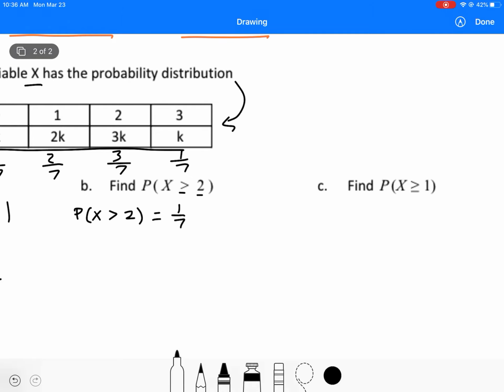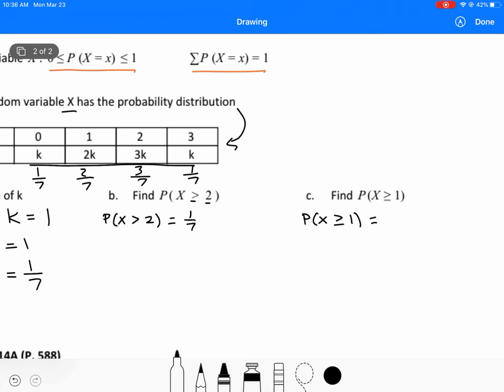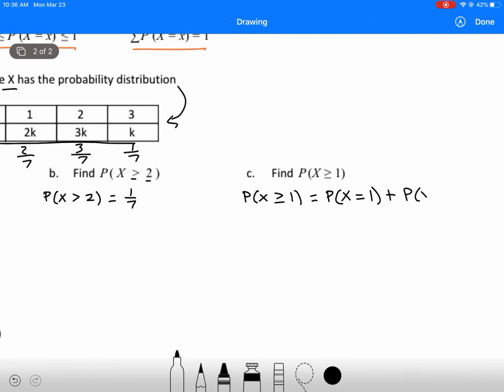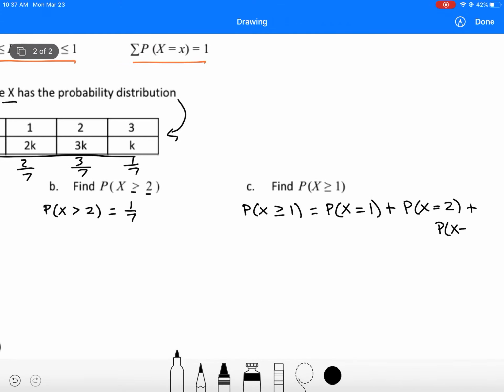The last one, now I'm looking for the probability that X is greater than or equal to 1. I'm going to do it the long way first. The probability that X is equal to 1 plus the probability that X is equal to 2 plus the probability that X is equal to 3.